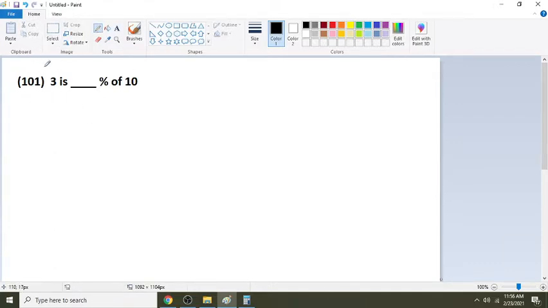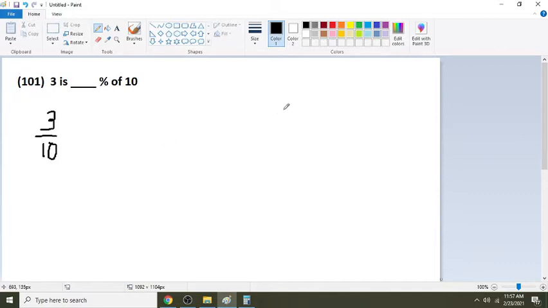The quickest and the most straightforward way to solve this is to divide 3 by 10. Let's write it down. 3 divided by 10. So 3 over 10, or the fraction 3/10, is basically a division.